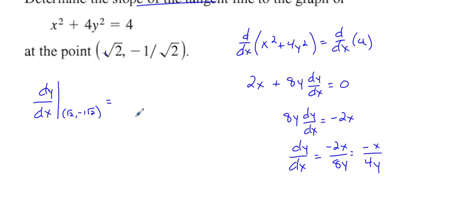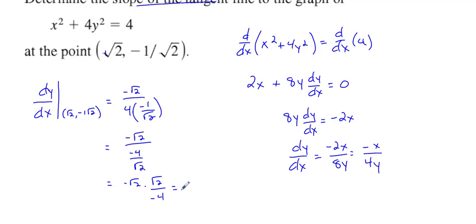So x is root 2, and y is negative 1 over root 2. A little bit of a mess. Let's clean it up, a complex fraction. So it would be negative root 2 over negative 4 over root 2, multiplied by the reciprocal, so root 2 over negative 4.